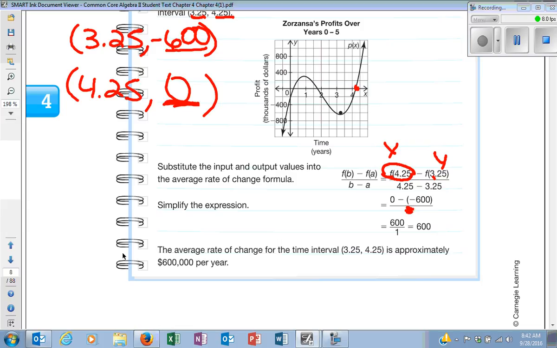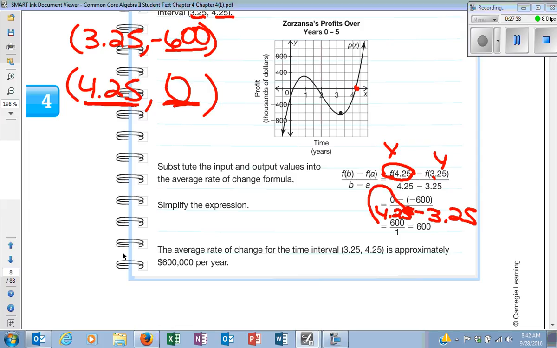Notice, if I would rather them write it like this for me, here's what I was trying to describe. Do you see how the 0 went first? So what would have to go first down there? The 4.25. 4.25 would have to go first, minus the 3.25. How do I know that that is correct?